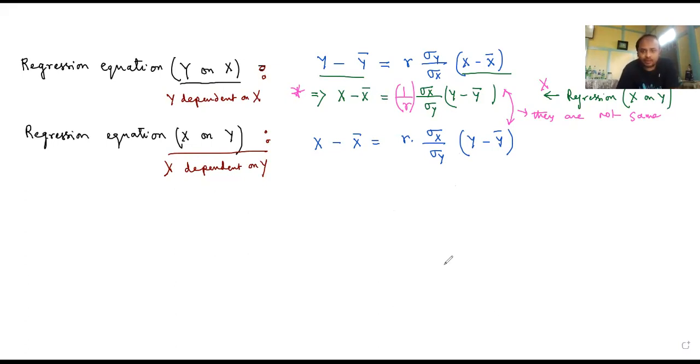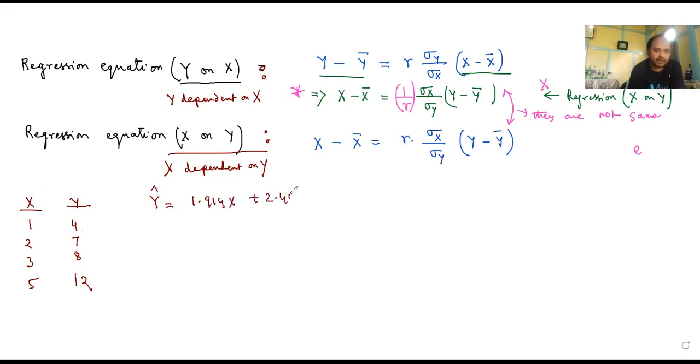Now, where comes the part E? That E I was talking about. It is very simple. Now you have got these values x and y. The values of x were 1, 2, 3, 5, and values of y were 4, 7, 8, and 12. You have got your estimated relation as follows: 1.914x plus 2.485.